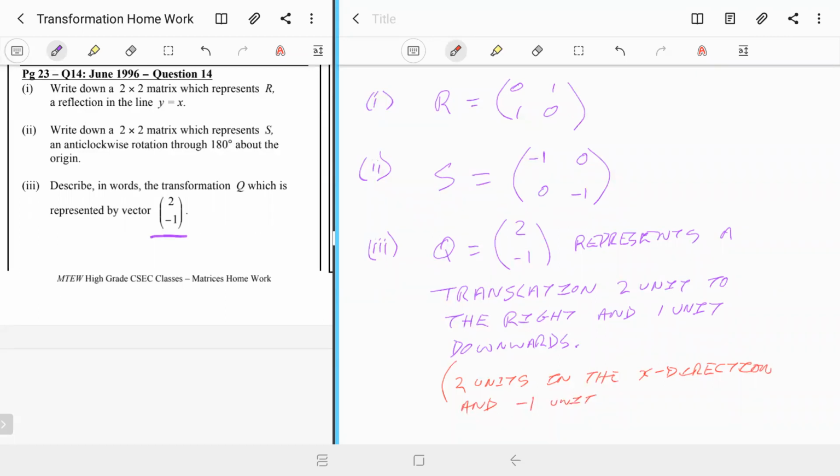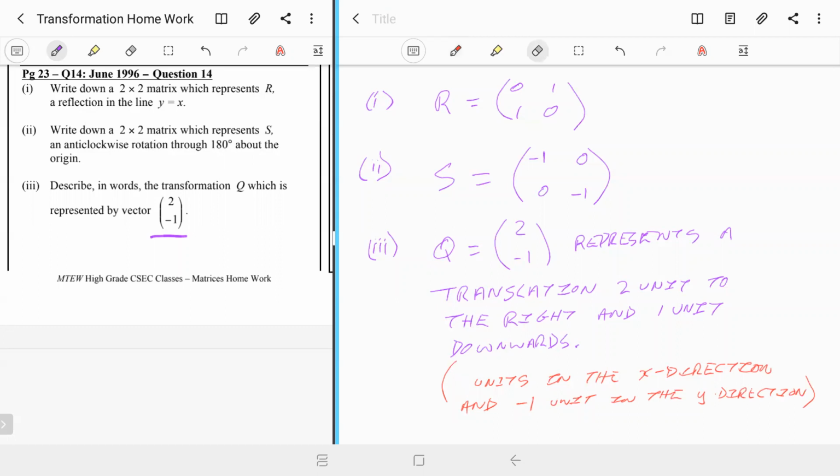Negative means down, in the y direction. Could have said that as well, right? That by example, get your marks. So what I wrote in purple gives you your marks. What I wrote in red gives you the marks the same.